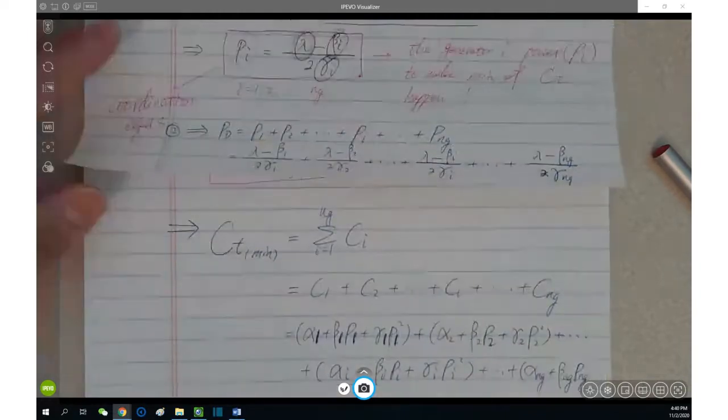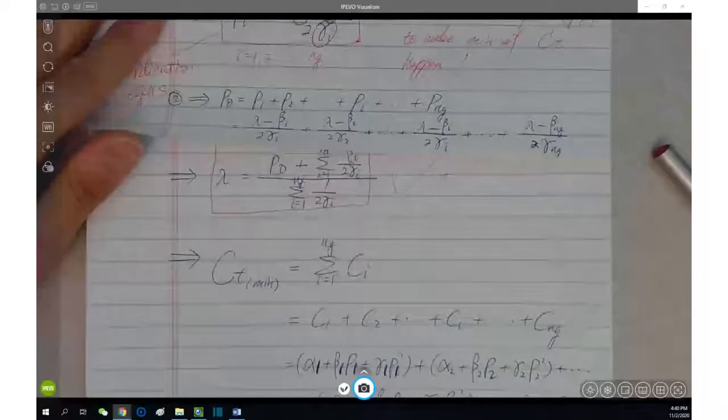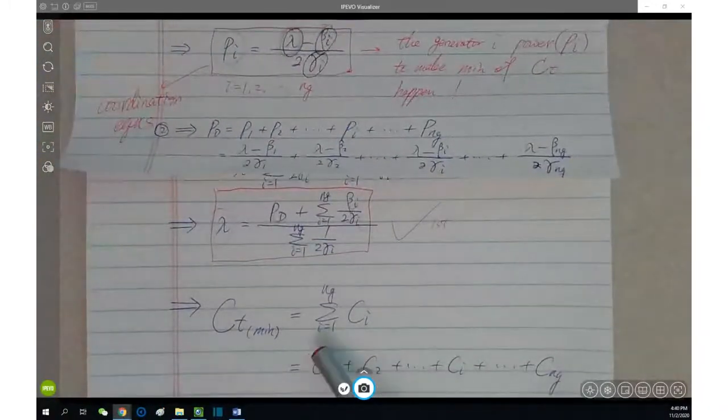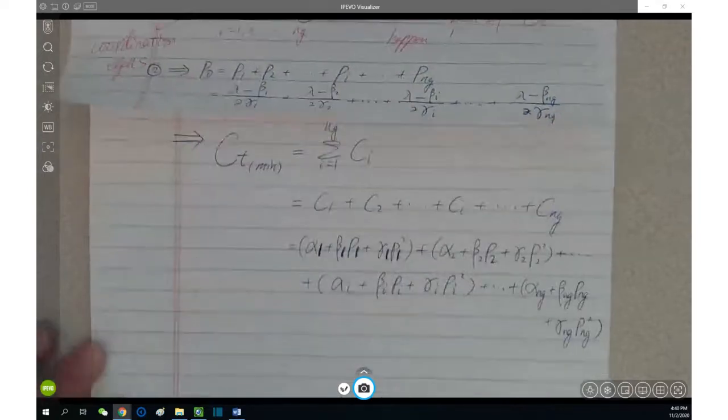So what we need, two red boxes. Yeah, basically two red boxes. And at last, don't forget to find the minimum cost. Okay, that's it. And if this is fine, then all right, let's try examples to see how to really apply them.